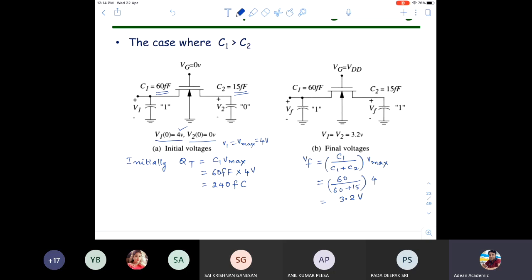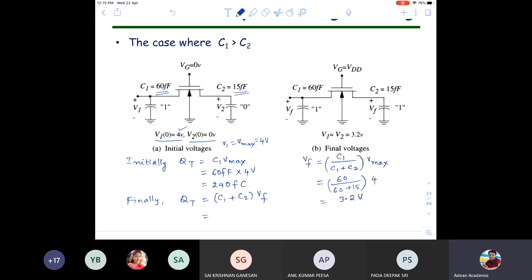Now again you calculate the final Qt, which is C1 plus C2 into Vf. This is the final charge after charge sharing.